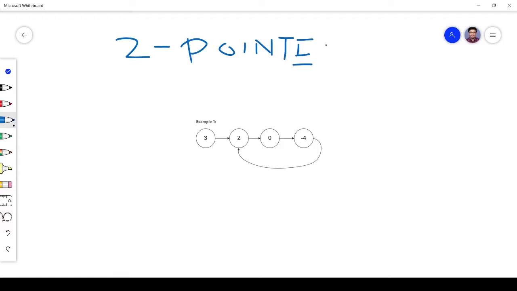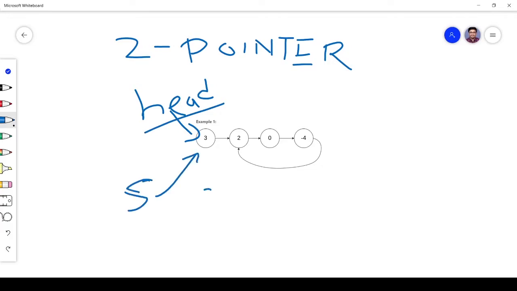We will solve this by the two pointer method, where we'll take two pointers, namely slow and fast. This is the head node. Now there's a slow pointer S and a fast pointer F. Both are pointing to the very first node of the linked list.